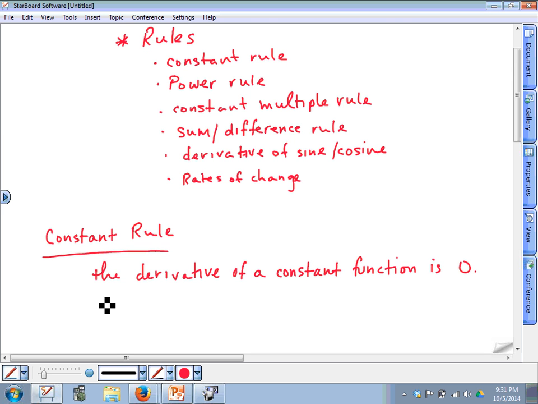So if C is a real number, and f of x equals C, then f prime of x, or the derivative of f, is equal to 0. So pretty easy one to remember: if you're taking the derivative of a constant, then it equals 0.